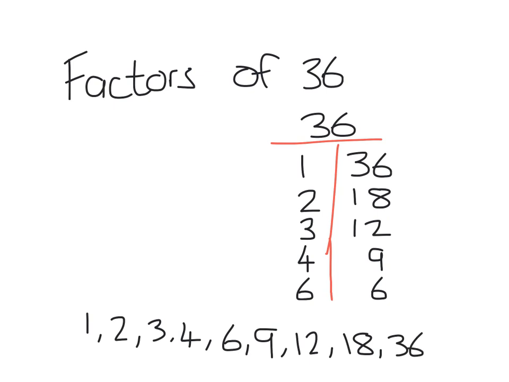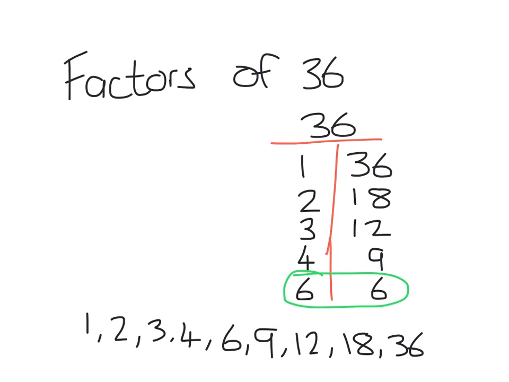Now you'll notice the number of factors that we've got for 36 is odd. There are 9 factors of 36. The reason being is that we had 6 and 6 twice, and we didn't need to write it twice in our list.